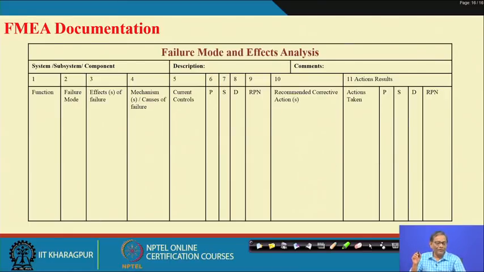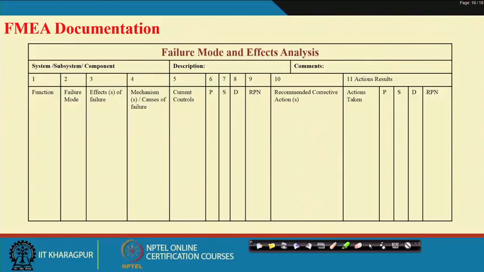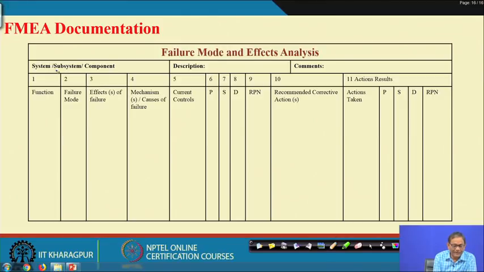So, you know how to calculate RPN. Now, what is the documentation? The documentation part is important. See that you have to point out that failure mode and dependency for what system, subsystem and component level, what level you are doing. Then you describe it. Suppose you have taken, let it be component level, then you write down the name of the component, or subsystem level, write down the name of the subsystem and write down the comments.